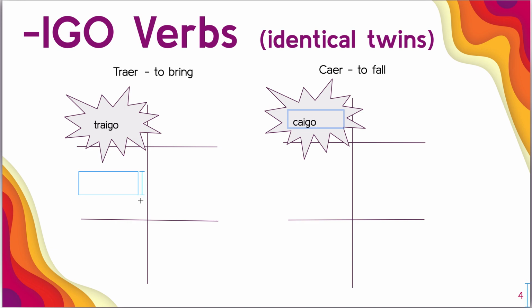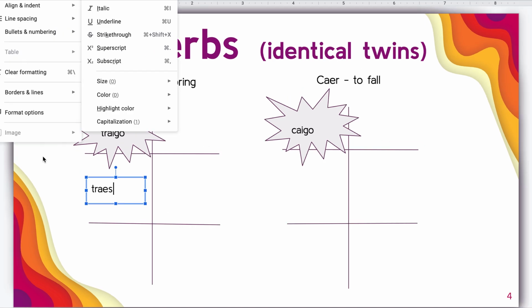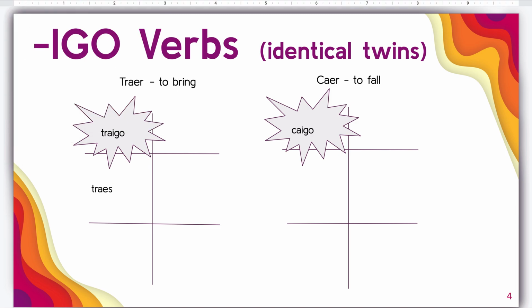So the tú form is traes. The tú form of caer is caes. Then the usted form of traer is trae. The usted form of caer is cae.